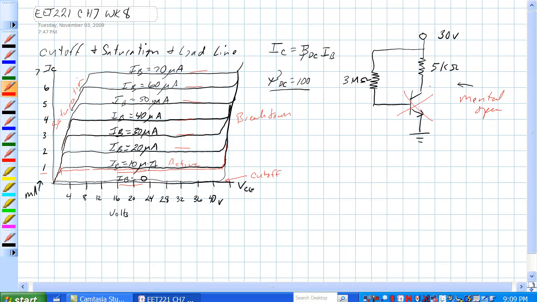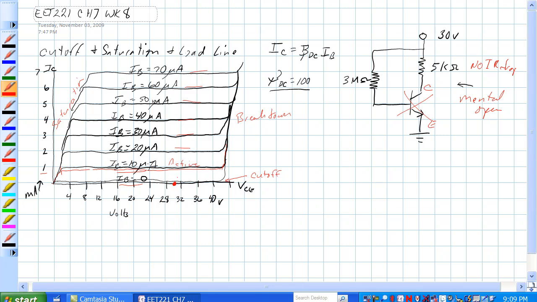What would be the collector to emitter voltage if the transistor was open from collector to emitter? If we have no current flow, we have no IR drop. So it would equal 30 volts. So the second part of this load line would be right down here.